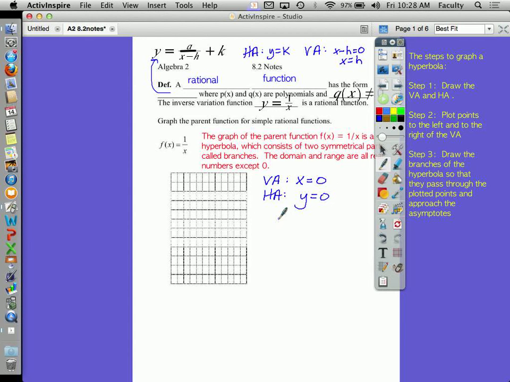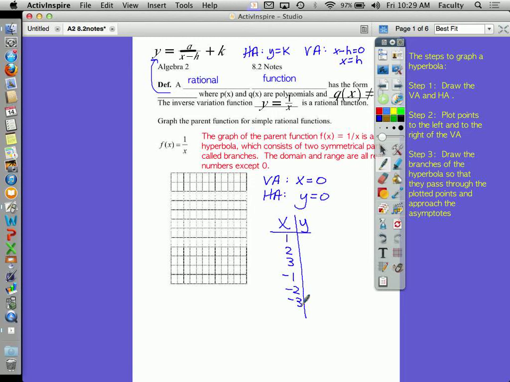Step 2, here's what you're going to do. You're going to plot 3 points to the left and 3 points to the right of the vertical asymptote. If the vertical asymptote is x equals 1, we're going to go 1, 2, 3, negative 1, negative 2, negative 3. On this particular problem, we should be able to do it without a calculator.